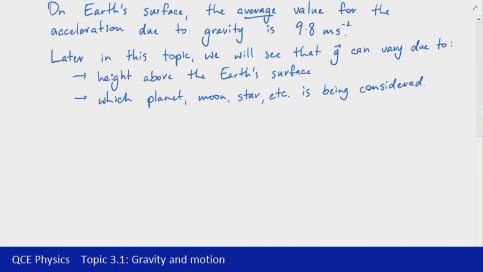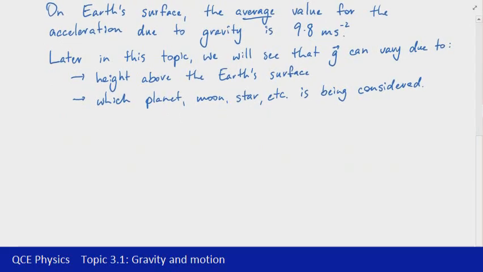One last point here as well about weight, tying into those aspects. While your mass is constant, or the mass of any object is constant anywhere in the universe, your weight will actually change. And that will be because of those factors that we've just discussed.